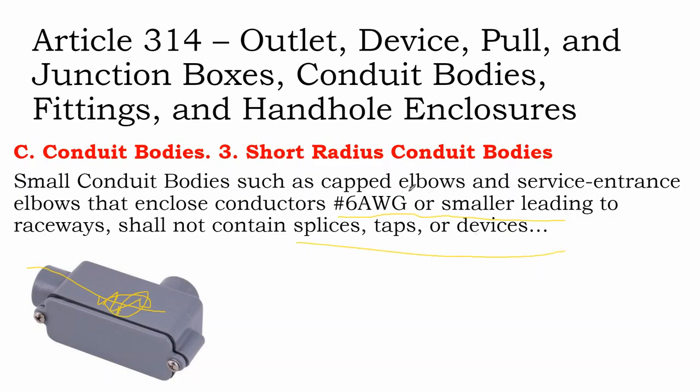So we do have a caveat that says, if this LB gets large enough, if you're doing big utility scale work and you have one cable coming in and another cable coming in, you want to put a tap there, you may be able to do that inside larger conduit bodies. Small conduit bodies should not contain splices or taps.